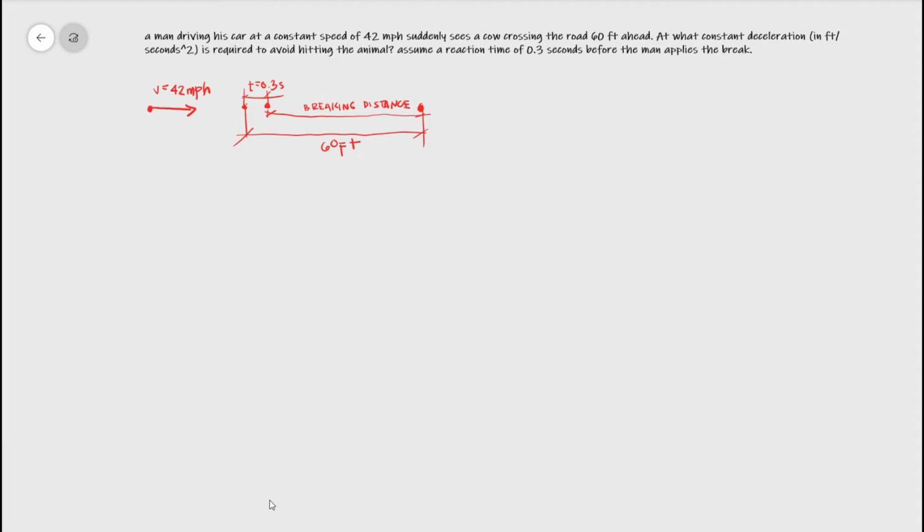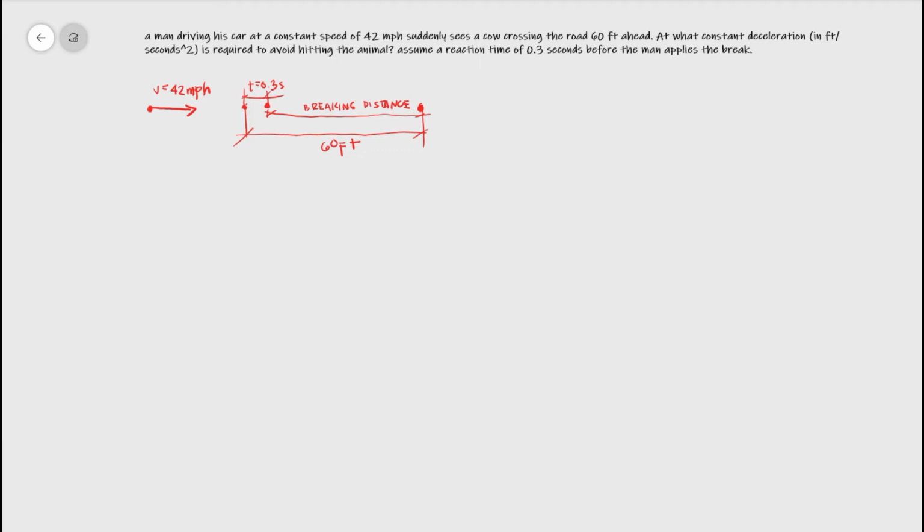Now, we need to find the constant deceleration of the car. To solve this problem, we need to get the braking distance of the car.